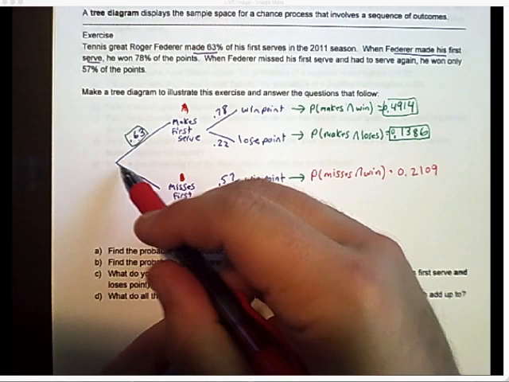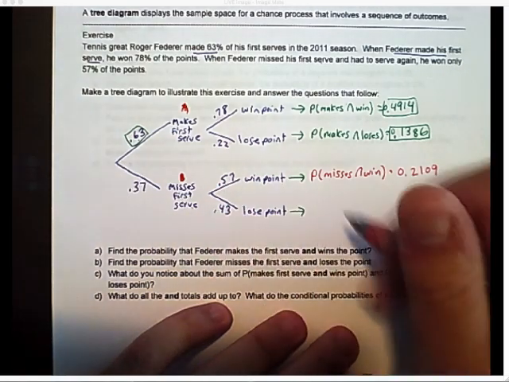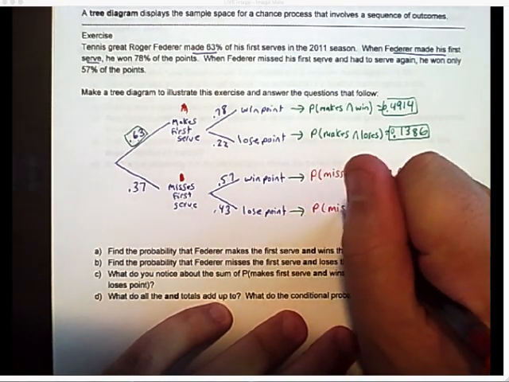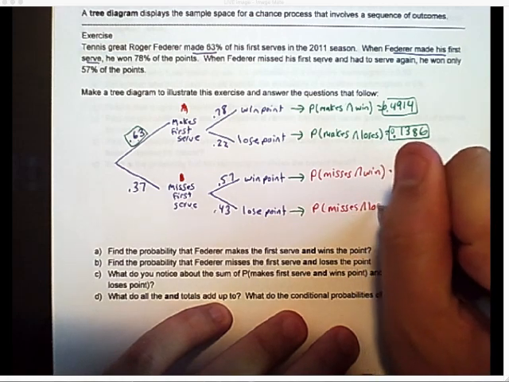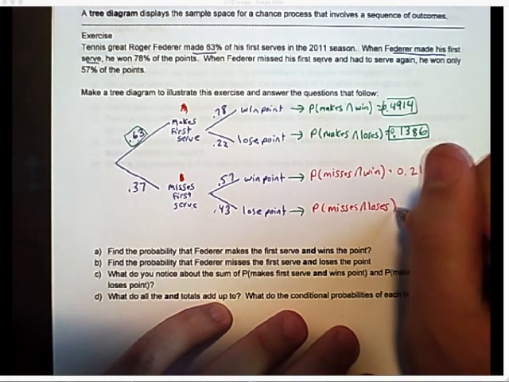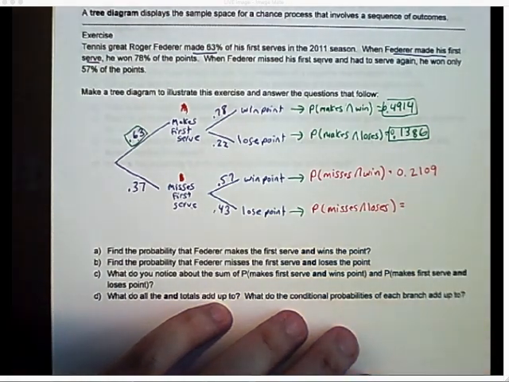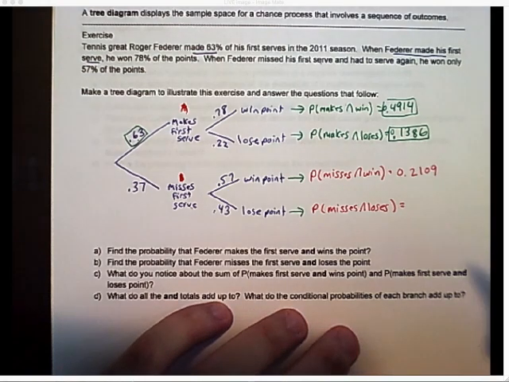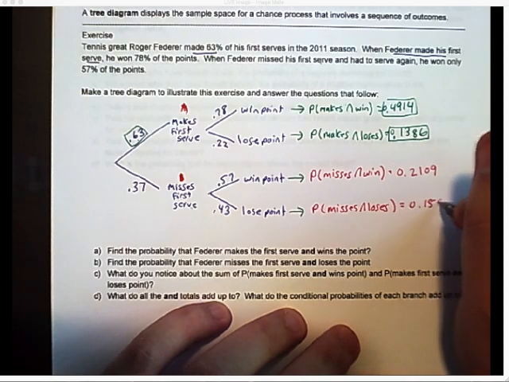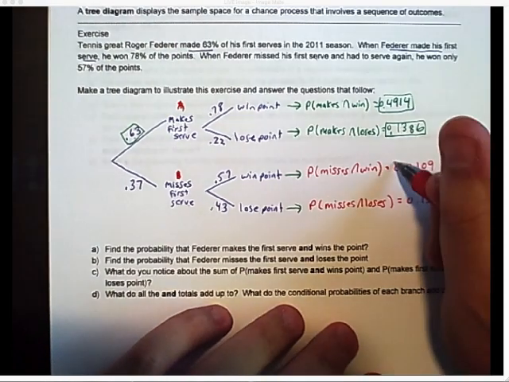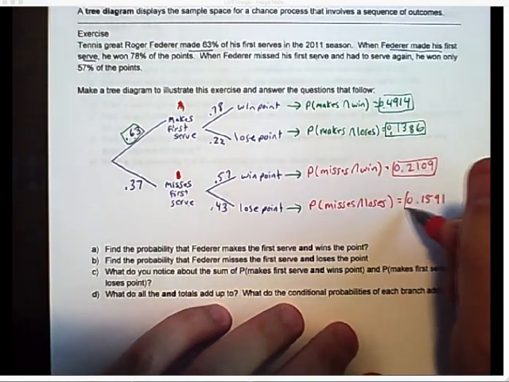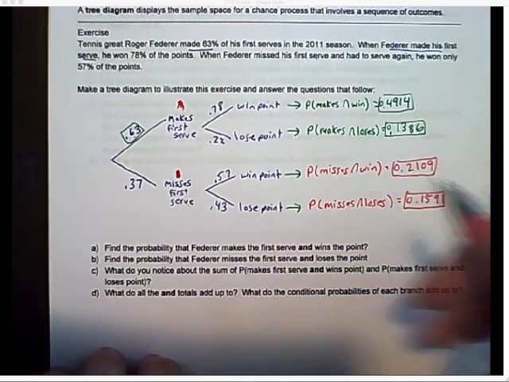And this branch represents a miss and a loss. So I'm going to take 0.37 times 0.43, and I'm going to get 0.1591. And what you'll notice is that these two numbers add up to this number.